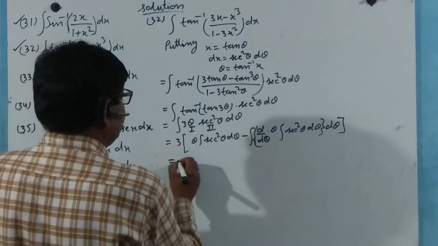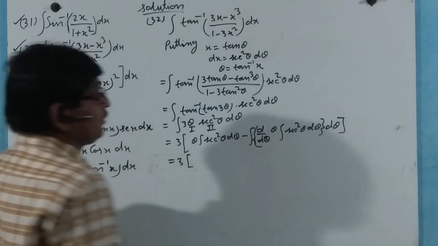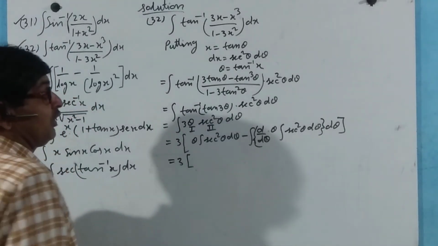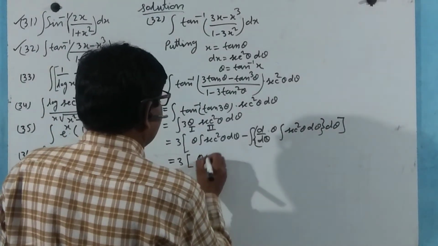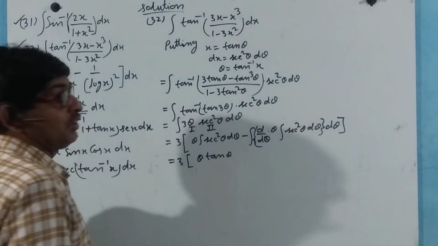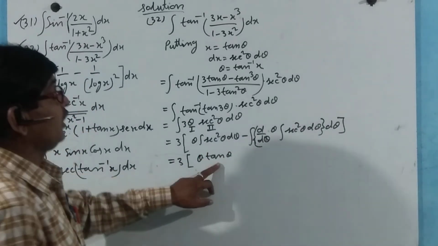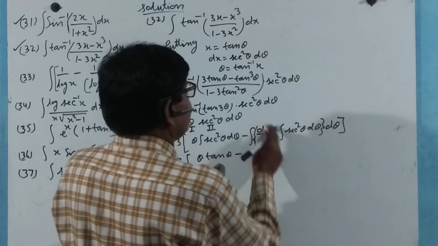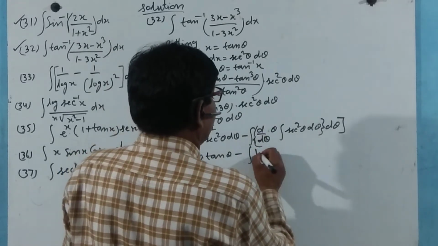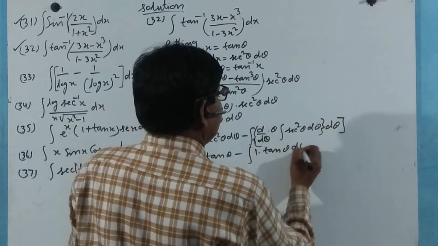Now here, 3 theta can be written as... the integration of sec square theta is equal to tan theta, so 3 theta into tan theta, because the differentiation of tan theta is equal to sec square theta, so that the integration of sec square theta is equal to tan theta, minus d theta by d theta, which is 1, and the integration of tan theta d theta.